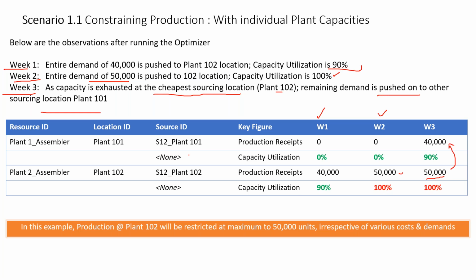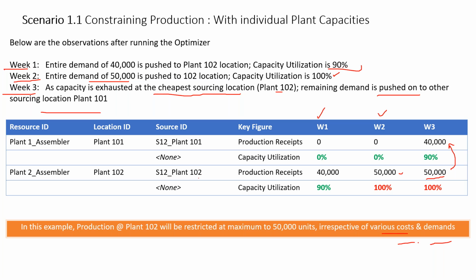And then the production will happen at 101. Now 101 will ship 40,000 units to the warehouse on week 3. 102 will ship 50,000 to the warehouse, and it meets the demand of 90,000. So this is a key takeaway. Production at plant 102 will be restricted at a maximum of 50,000 units, irrespective of the various costs and demands.